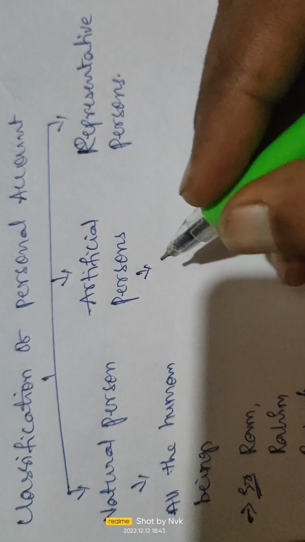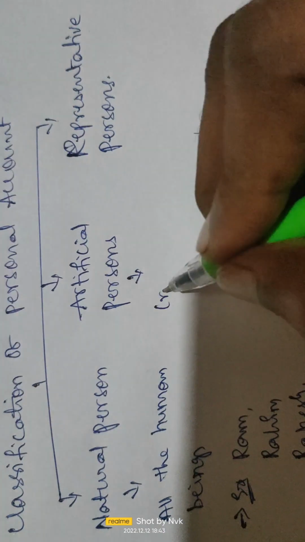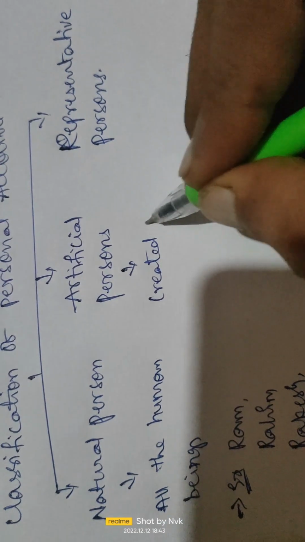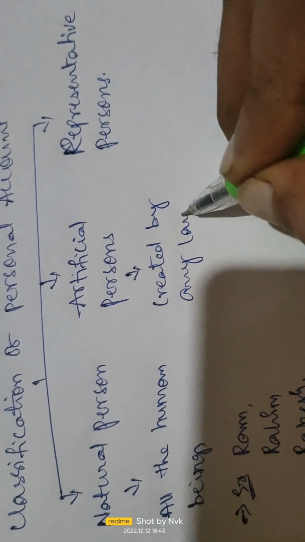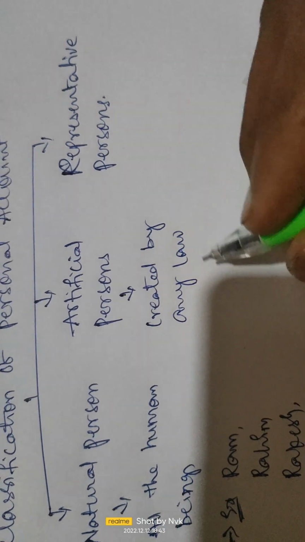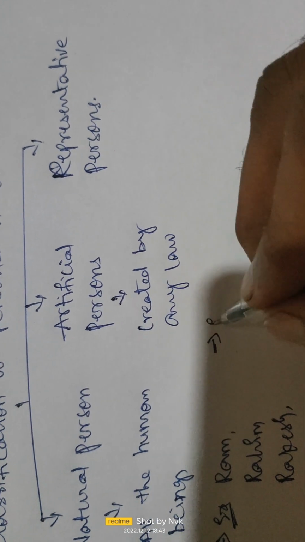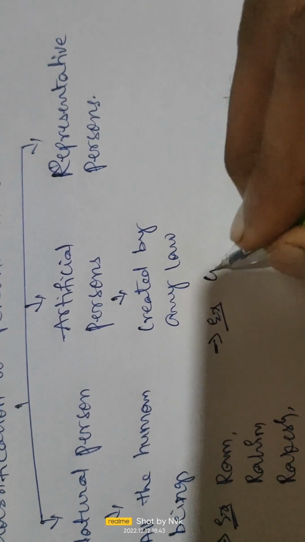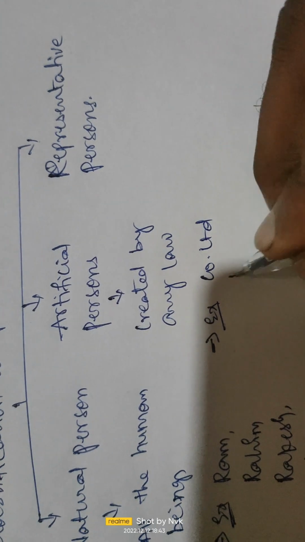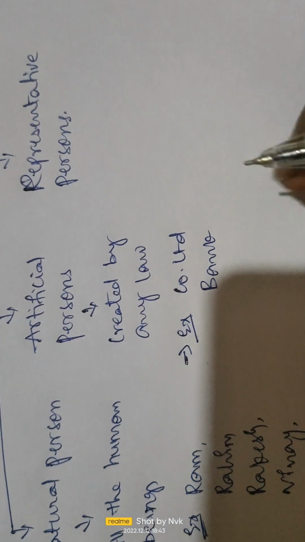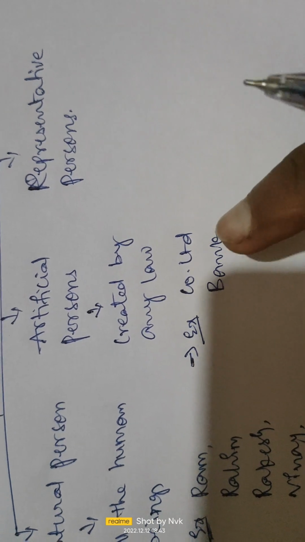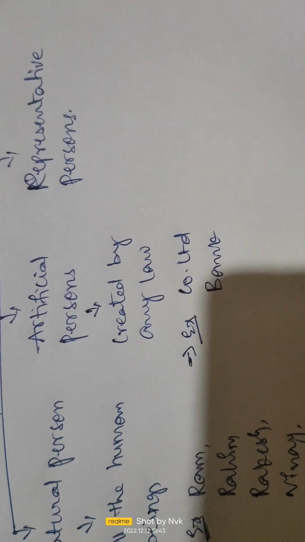Then artificial persons are created by law. Examples are a company limited, a bank, and any other entities which are created under any existing law.